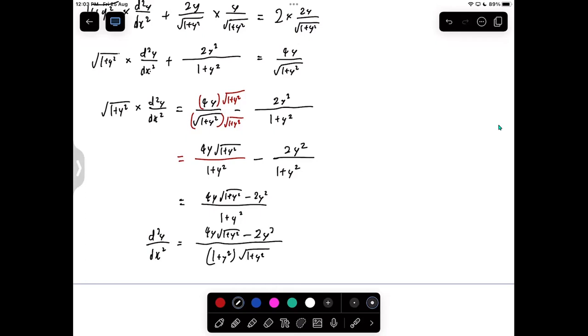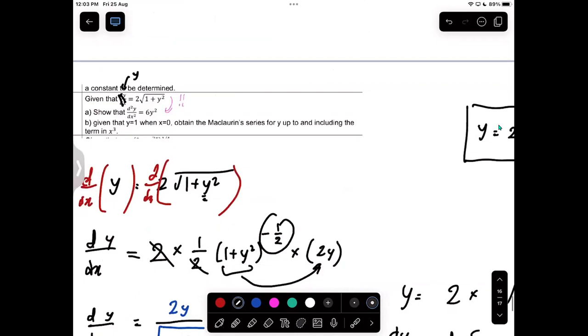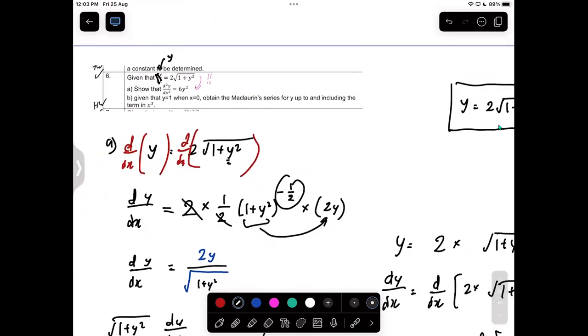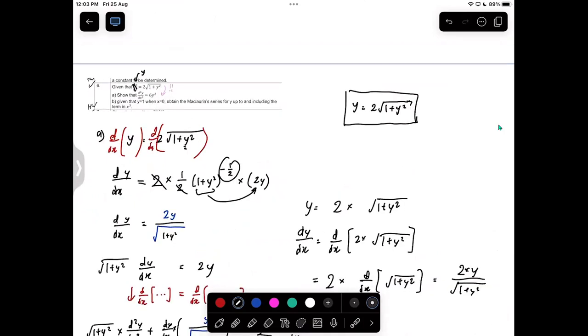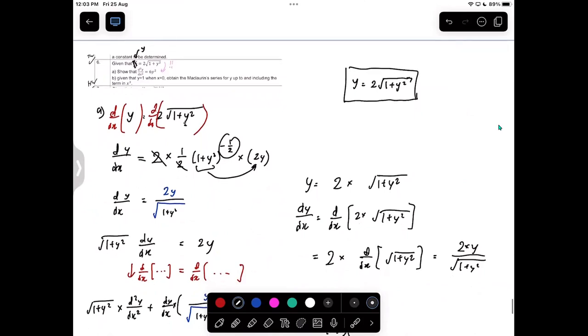Oh. Did I plan this question wrongly? That's not 6y squared. Oh no. I'm so sorry.